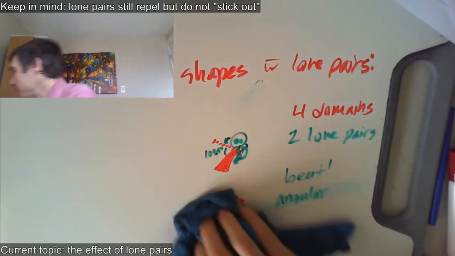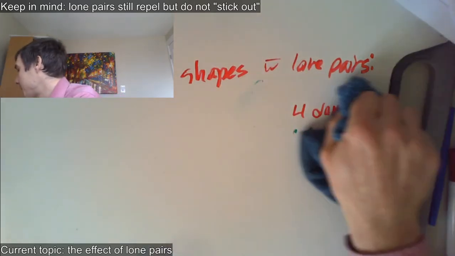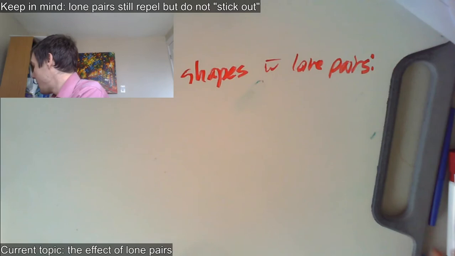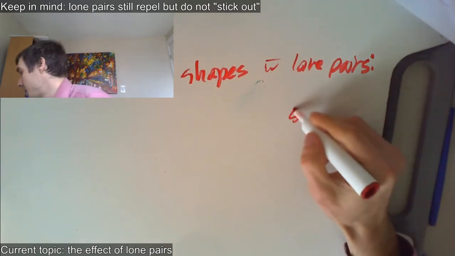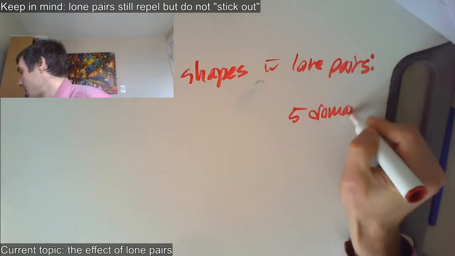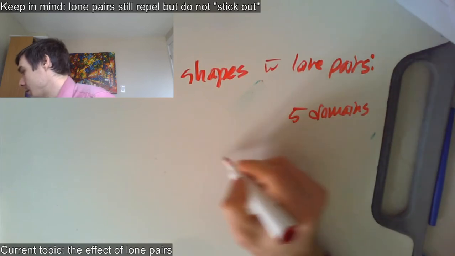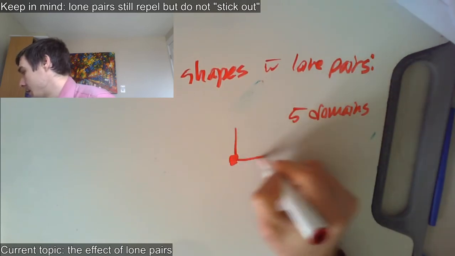For 5 domains, we have my favorite molecule shape. When we have 5 domains, you recall I drew it like this.